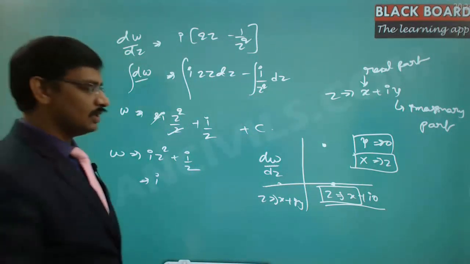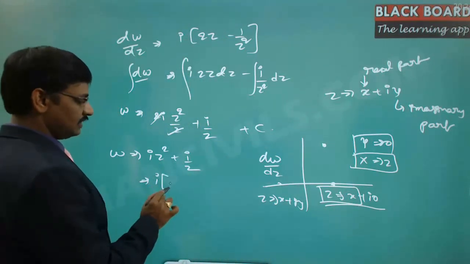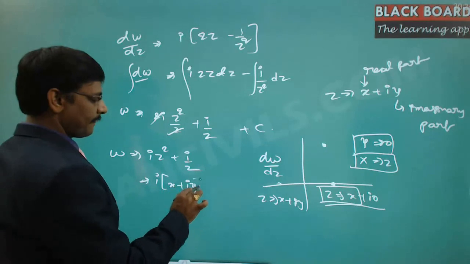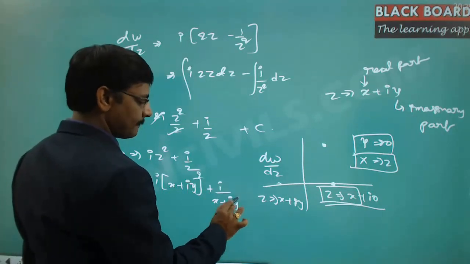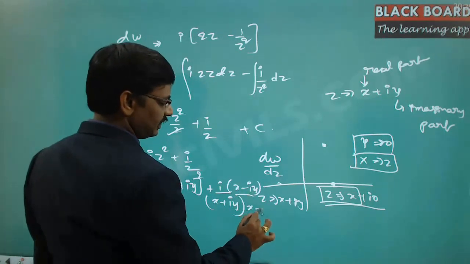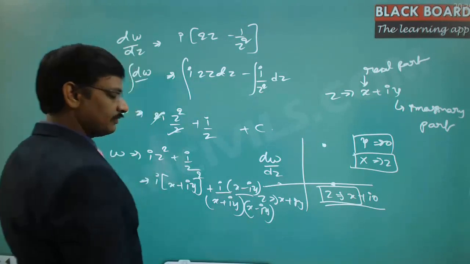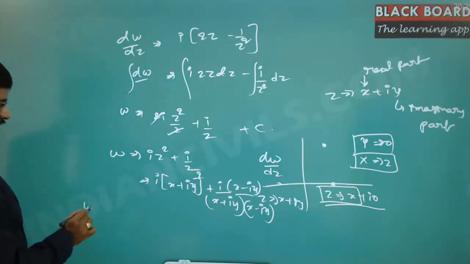Right? So once you got this value, you can take this as i z square, where z is nothing but x plus iy, squared, plus i by x plus iy, and then multiplied by x minus iy divided by x minus iy. Then you can separate the real and imaginary parts by expanding this equation.